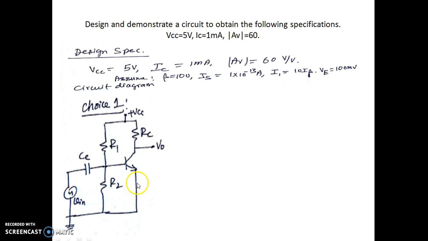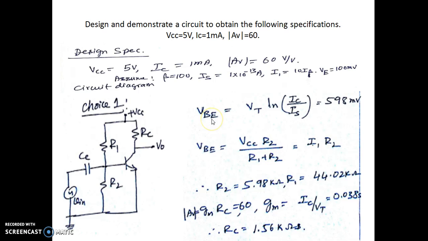One of the possible ways, without having that RE, the equation for VBE is the thermal voltage multiplied by the natural log of the ratio of IC by IS, which gives 598 millivolts. We can also write the expression for VBE using this potential divider as VCC into R2 by R1 plus R2, which can also be written in terms of the current flowing through the series resistors R1 and R2, which we assume as I1, into R2.